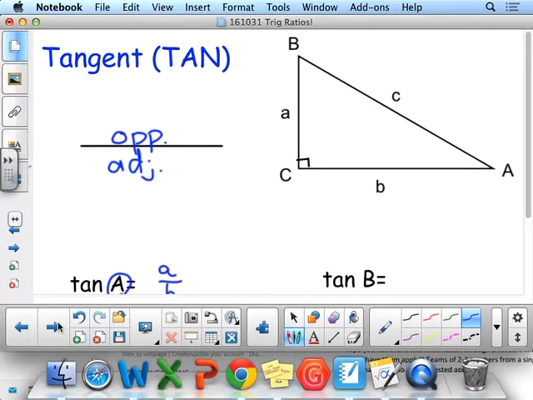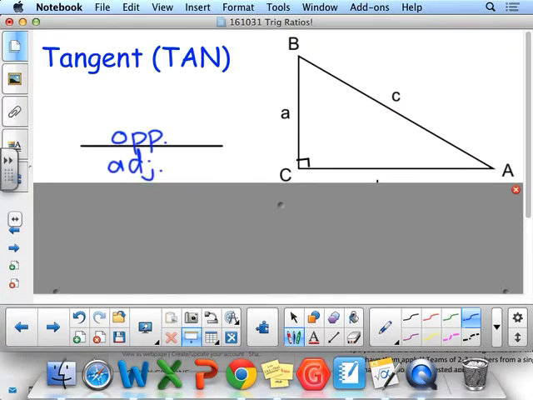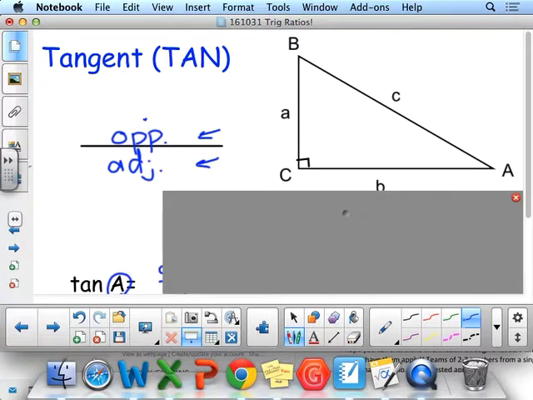So last but not least, I've got tangent. Just like sine was opposite over hypotenuse, and cosine was adjacent over hypotenuse, tangent is opposite over adjacent. So I'm going to do the same exact thing. So this is my ratio I care about now. The opposite side is going over the adjacent side. So if I were looking at tangent of A, I'm going to label A with my theta.